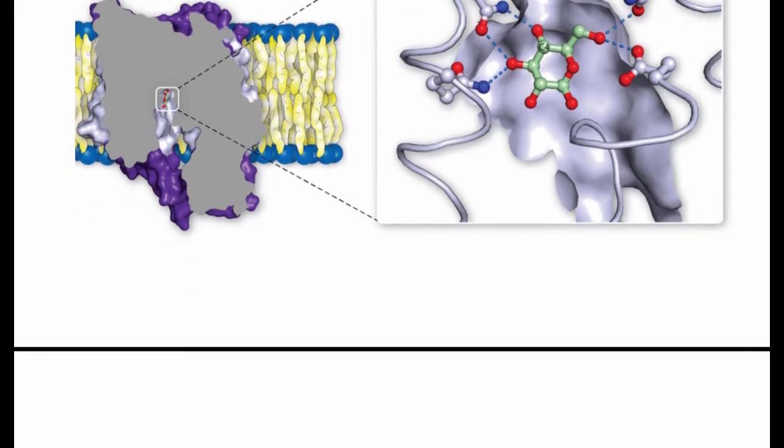Okay, so let me go ahead and go to our next slide here and make sure that I've got enough room on here to write. Okay, there we go. And when we think about carriers, one of the things to really consider is that carriers will undergo what I have called the transportation cycle, where they'll have these 4 different steps that they have to carry out to move something across the membrane.